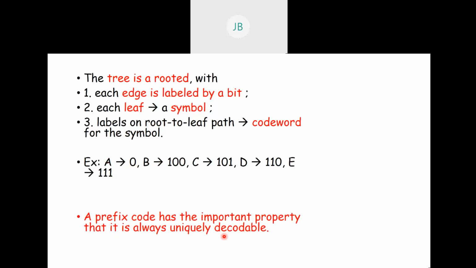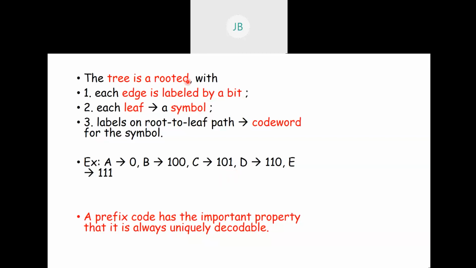In the previous slide, it was not uniquely decodable, right? Because we had a confusion. Some of the code words were prefixes of some other code words. That should not be the case. If it is not the case, then a good prefix code will have the property that every symbol is uniquely decodable. We will see whether this one is a good prefix code or not.